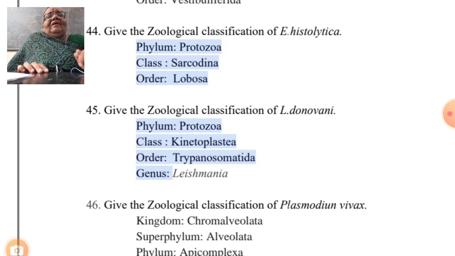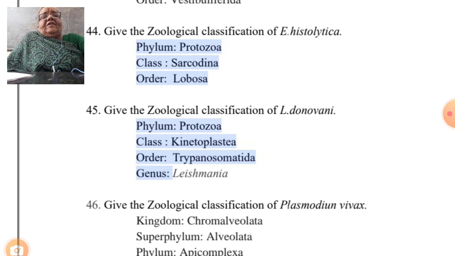Okay. In the earlier one, they were cilia, and here it is pseudopodia. So Entamoeba histolytica belongs to phylum Protozoa, class Sarcodina, then order Lobosa. Genus is Entamoeba and the specific name is histolytica. It is a parasite causing amoebiasis.